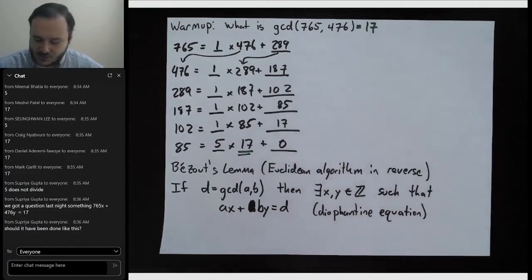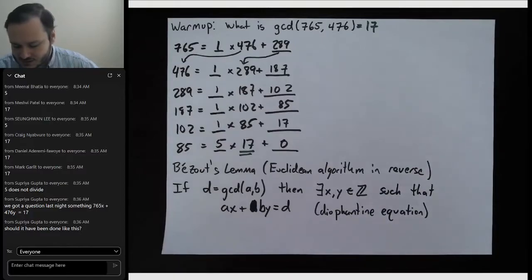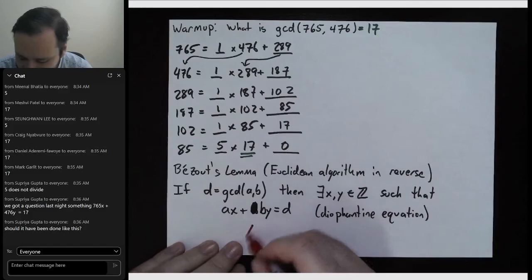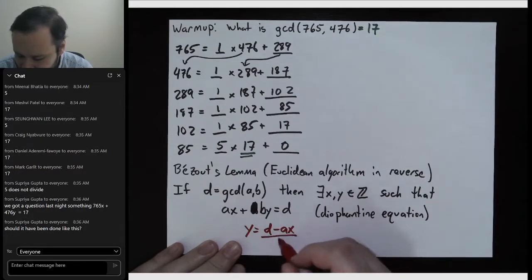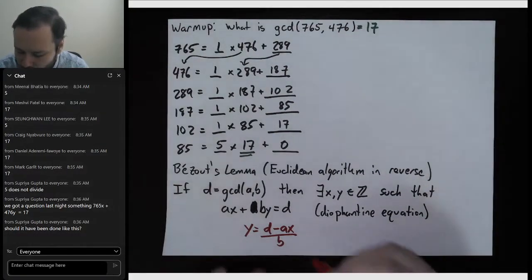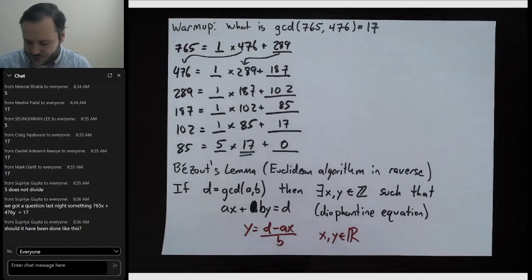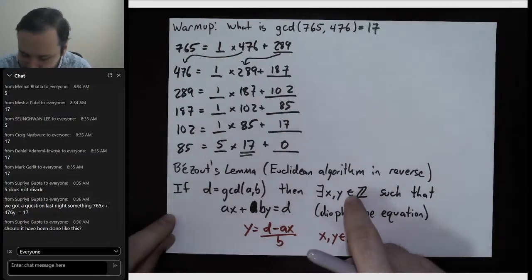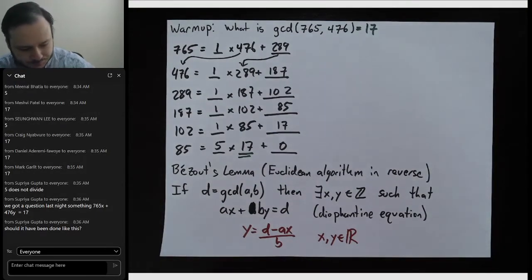If I just let x and y be any real numbers, then I can solve for y in terms of x. I can say y is equal to d minus ax divided by b. I get a nice linear equation. But this is for x and y both real numbers. If I'm focused on integer solutions, this is where Bézout's lemma comes in.